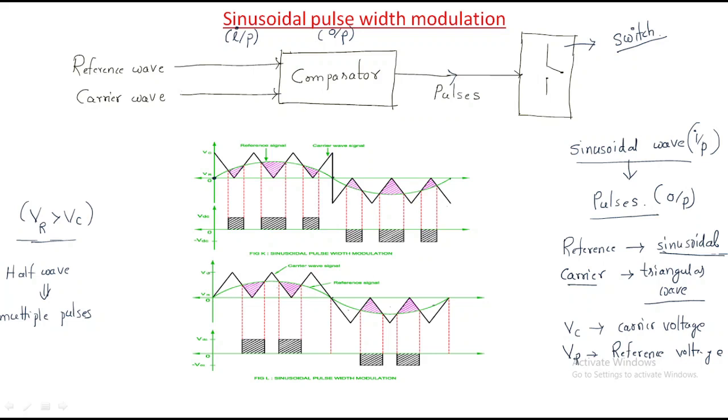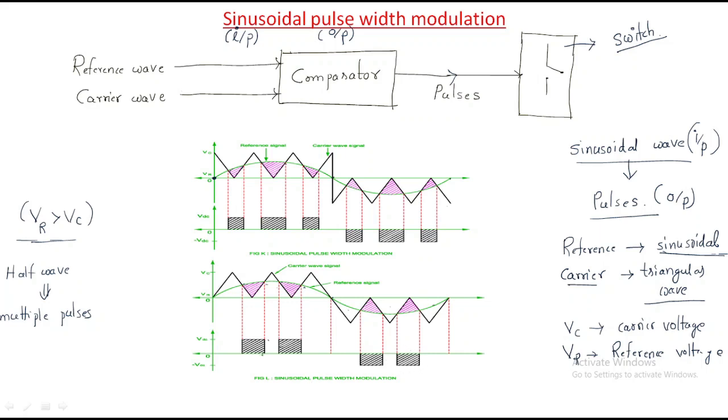Then we will look at here. Same procedure: wherever the reference wave magnitude is more, between these 2 points we will get the pulse here. Here also between 2 points we will get the pulse. Between 2 points we will get the pulse, but we will not get a pulse anymore here. Here also we will get the pulse.